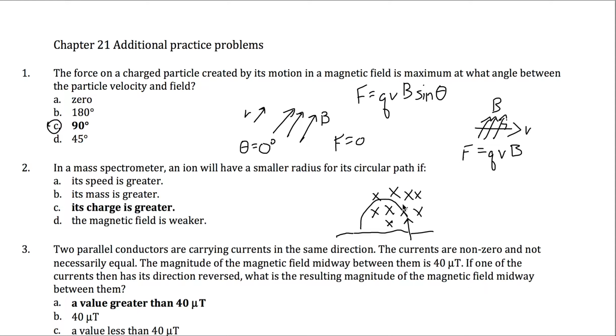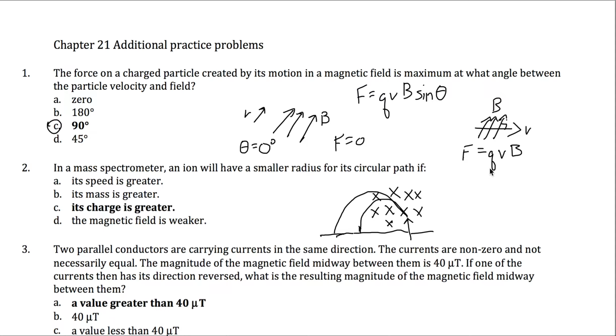And depending on the mass of the ion that's being shot up here, the circle that it will make will have different sizes. So we want to know, how do you get a circle with a smaller radius? These ions will be separated according to mass. Some of them will land here, some of them will land here.